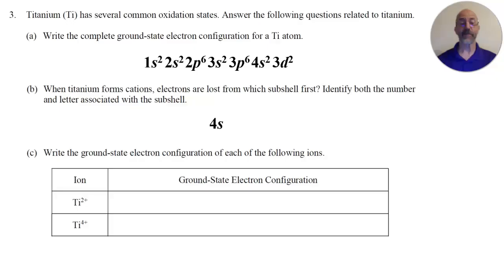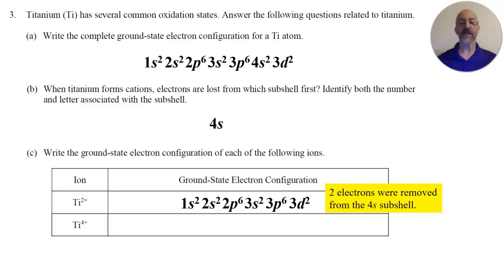Now, as we see in part C, we have 2 ions. We have titanium 2+ and we have titanium 4+. Write the ground state electron configuration for each of the following ions. So let's take away 2 electrons from the 4s subshell. So for titanium 2+, that becomes 1s2, 2s2, 2p6, 3s2, 3p6, and then 3d2.